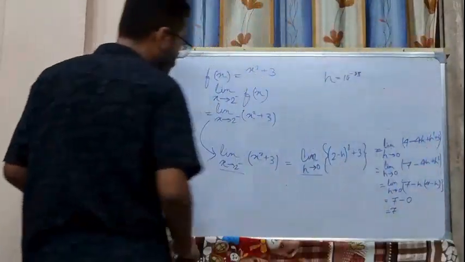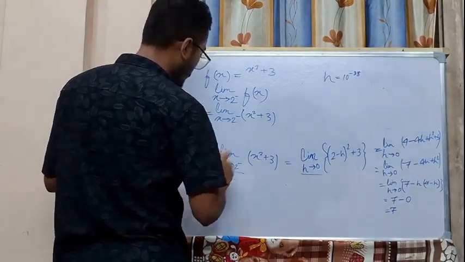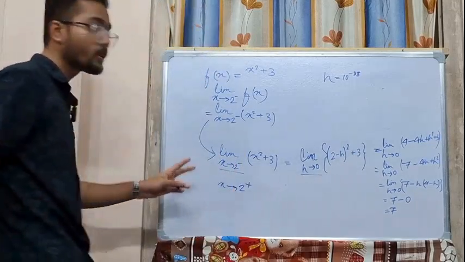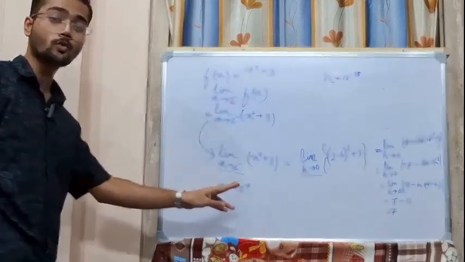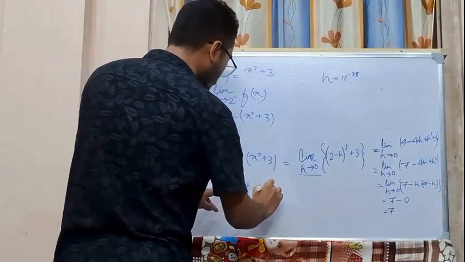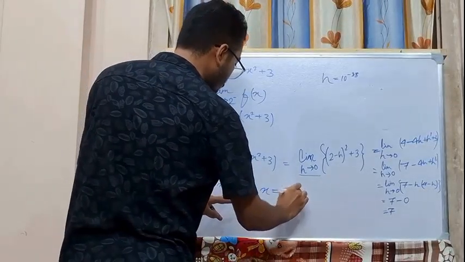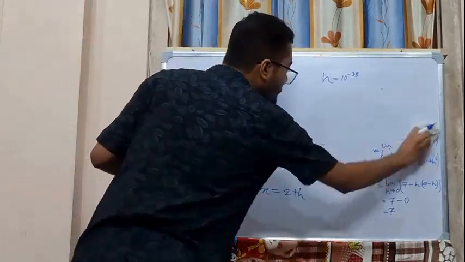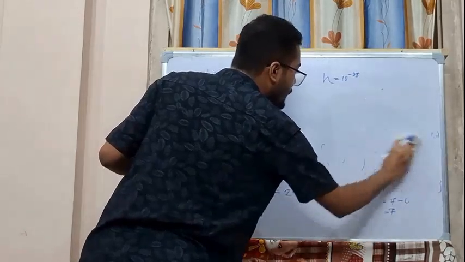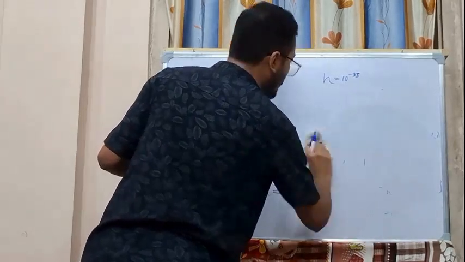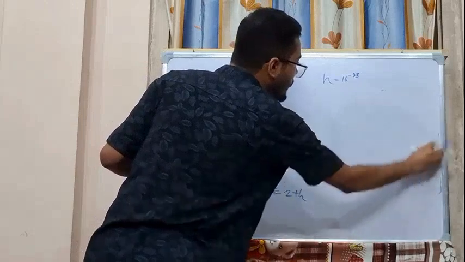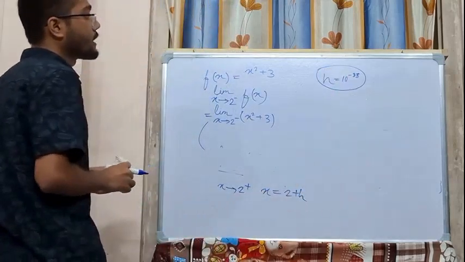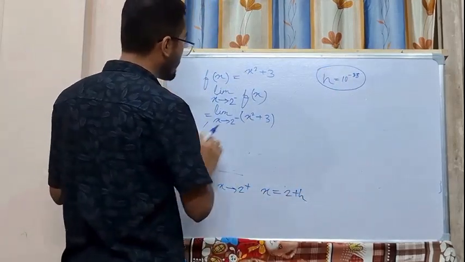Now let x be tending to the positive side of 2, x tends to 2 plus. For this we will consider x as 2 plus h, slightly greater than 2, where h is very small, like 10 to the minus 35.